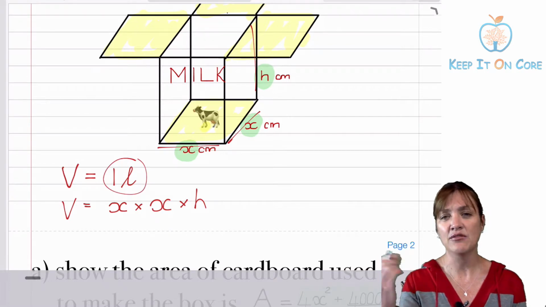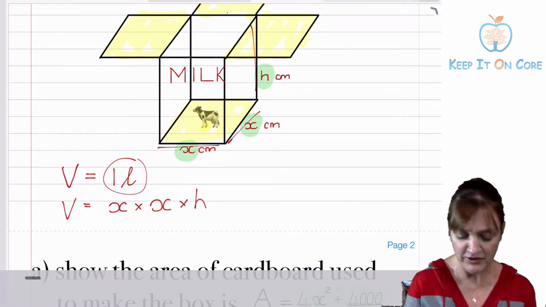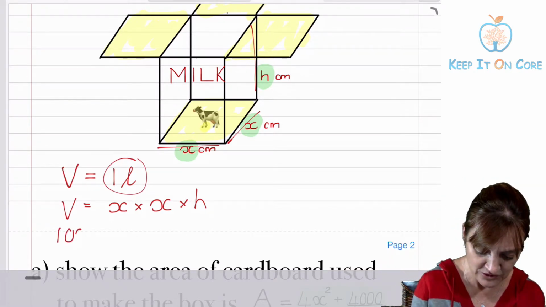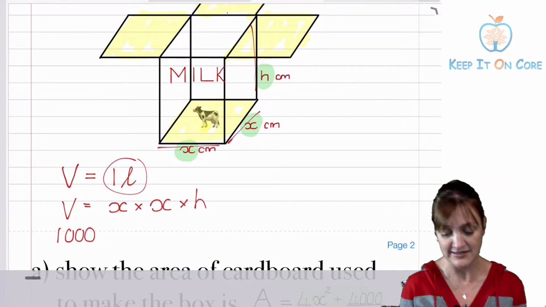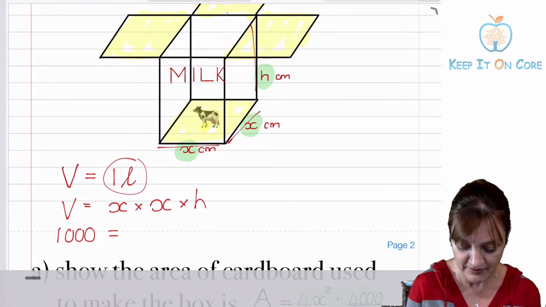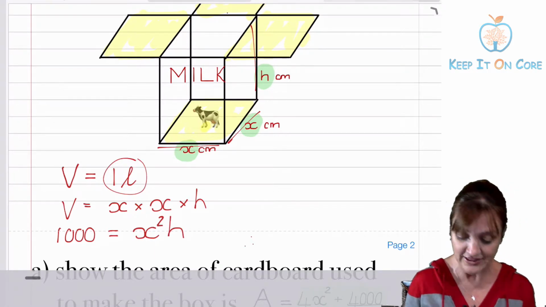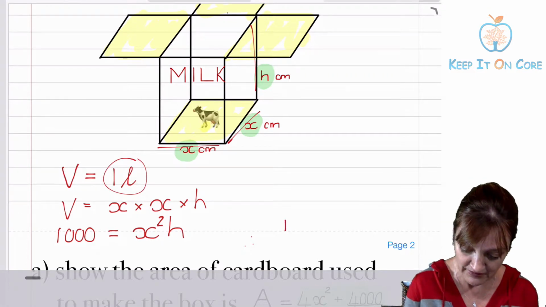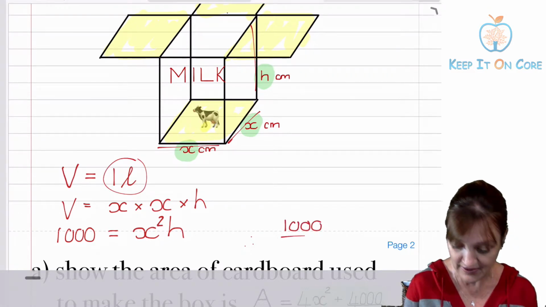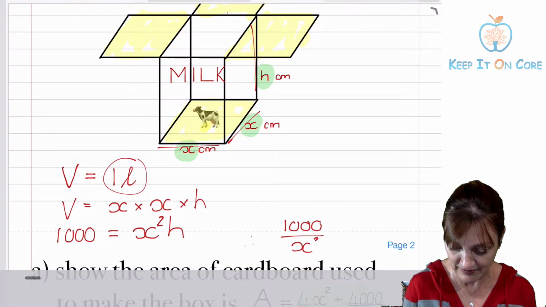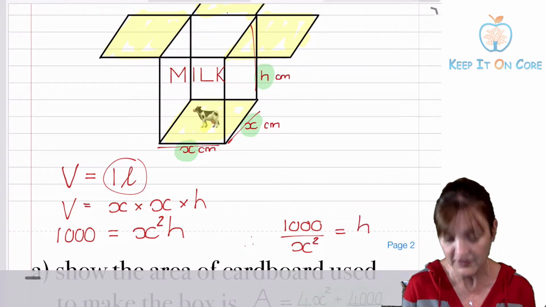Just using this value of 1 is not going to be so friendly for us, so let's change 1 liter into 1,000 milliliters. And 1,000 milliliters is equal to x squared times h, which means that to get h entirely on its own, 1,000 divided by x squared is going to be equal to h.